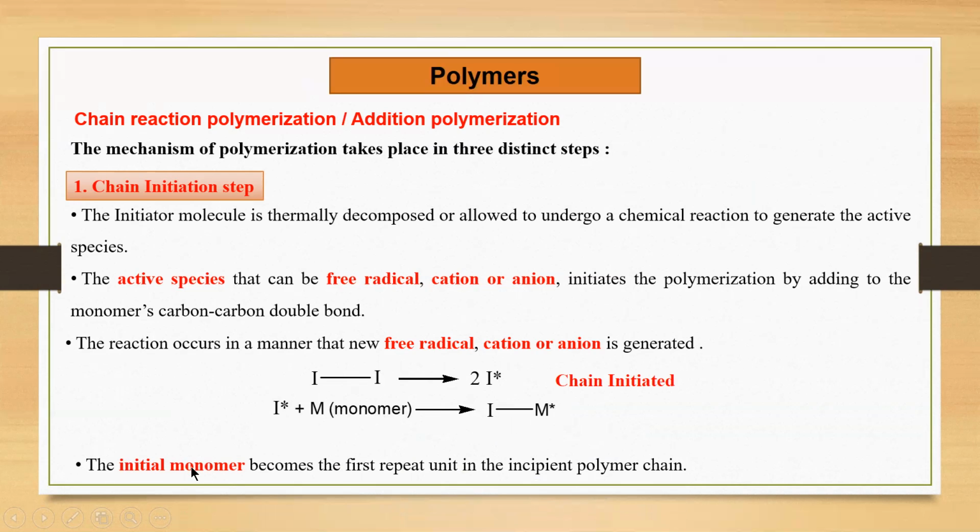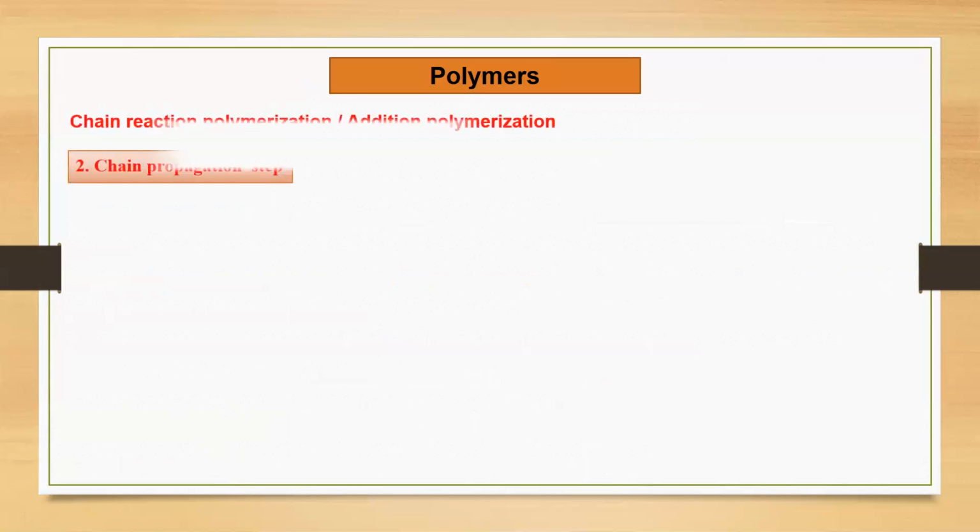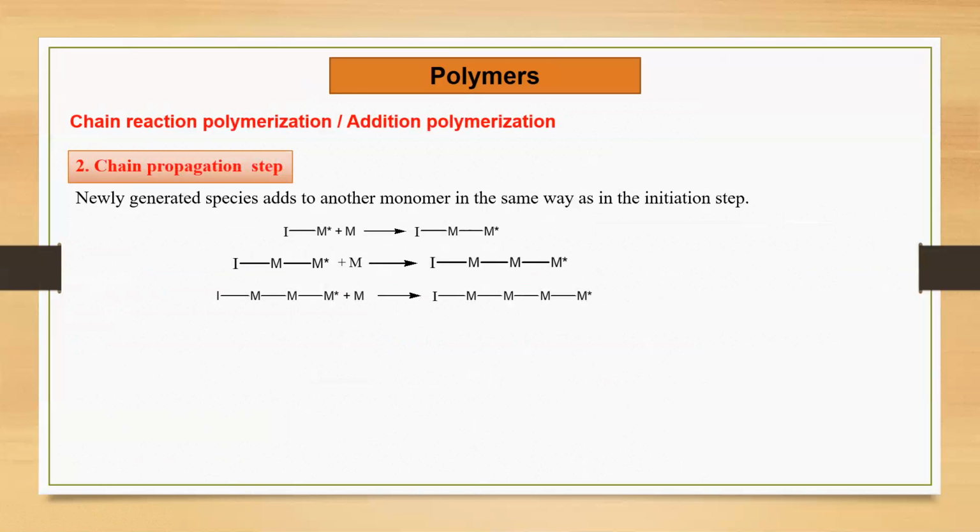So the initial monomer becomes the first repeat unit in the incipient polymer chain. That is, the unit that is repeated one after the other to lead to a chain. Next is the chain propagation step. This newly generated species, that is the active monomer, adds on to another monomer in the same way as in the initiation step and produces a larger radical.